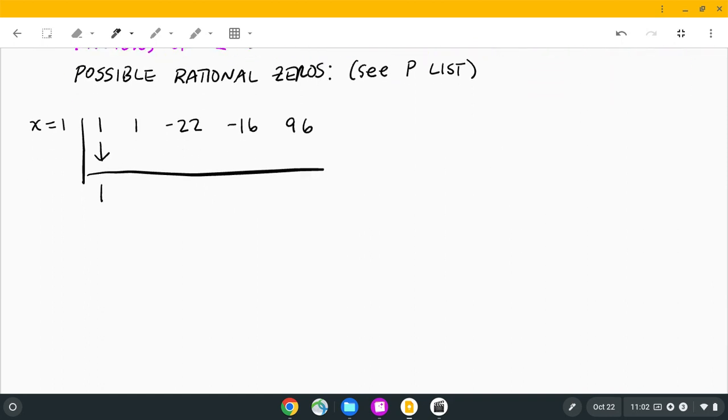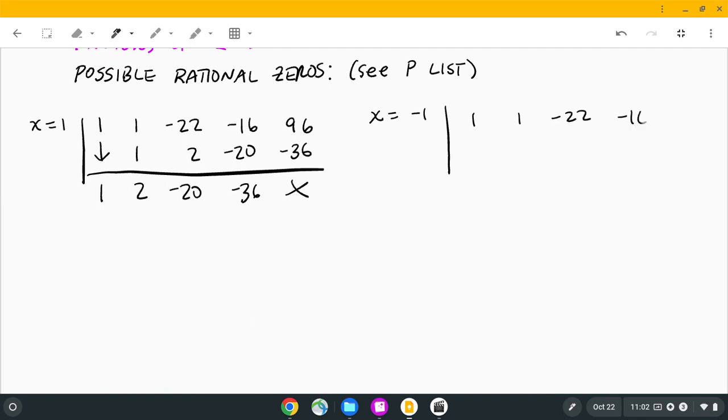Bring down the 1 here, so we get 1, 2, negative 20, negative 36. So we don't get the 0 here, so that one does not work. Let's try negative 1. So 1, 1, negative 22, negative 16, 96.